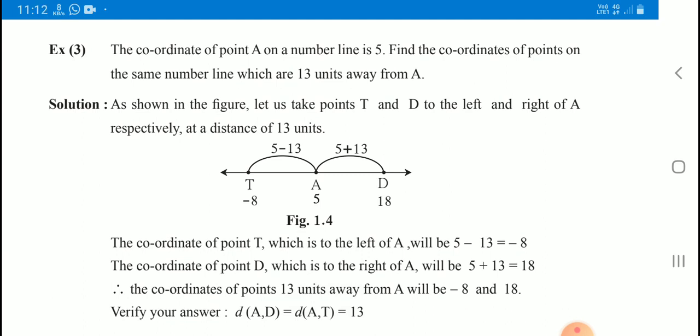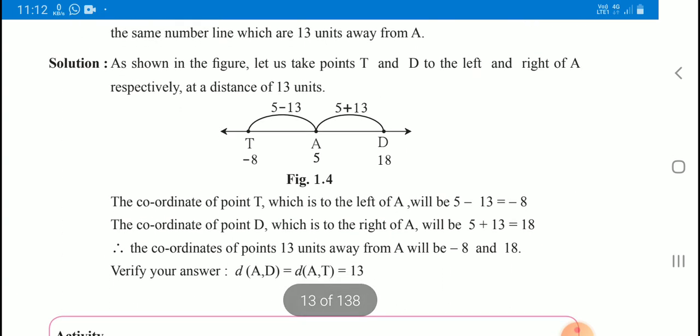So here A is at the place 5. So 5 plus 13, D is at the place 18, and 5 minus 13 is negative 8. So the coordinate of point T is negative 8. Here they have given the coordinate of point T, which is to the left of A, will be 5 minus 13 is equal to negative 8, and the coordinate of point D, which is to the right of A, will be 5 plus 13 is equal to 18.